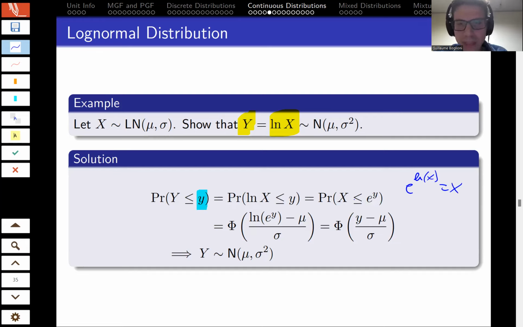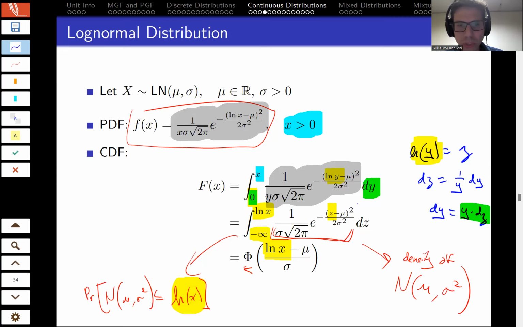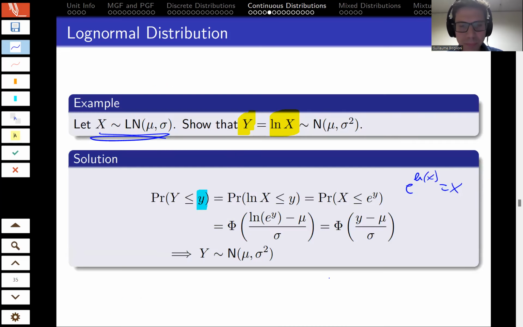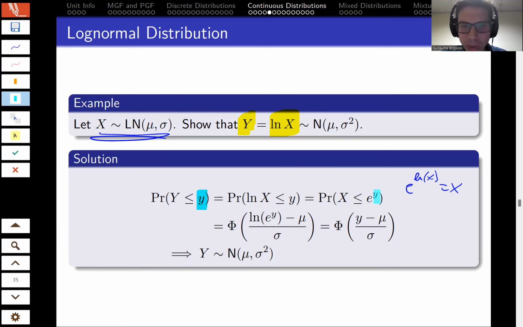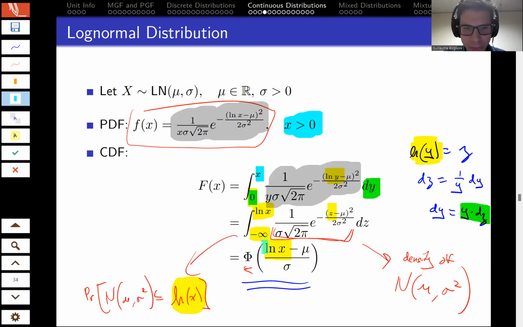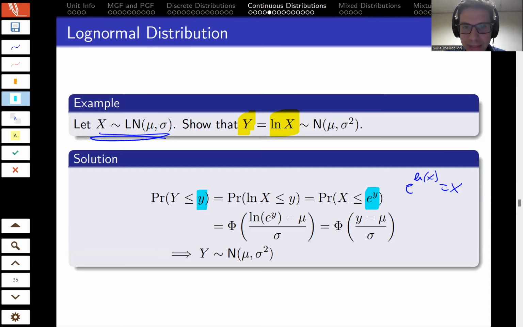Now that's nice, because you know that x is a log normal, so you can plug in what we just saw, that the CDF of a log normal was this expression. So this is the CDF of a log normal evaluated at e to the y. But remember that the CDF is phi evaluated at ln of the argument. Here the argument is e to the y, so you have ln of e to the y, which is of course just y.